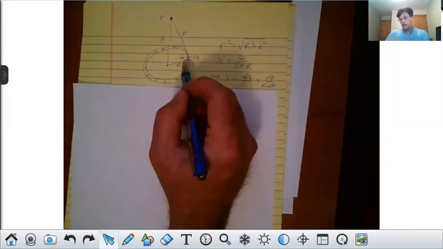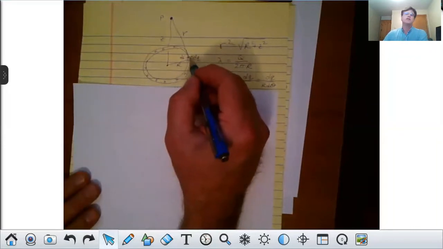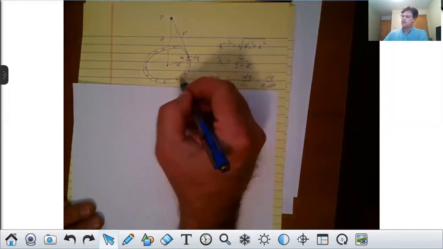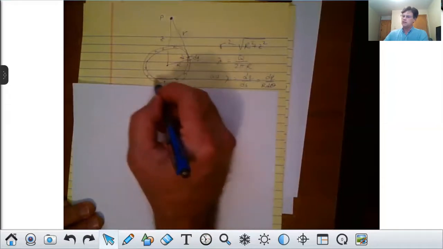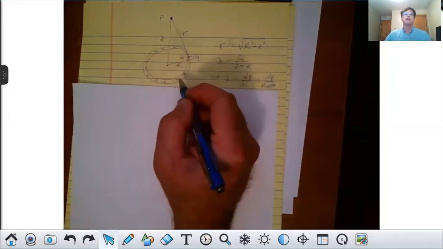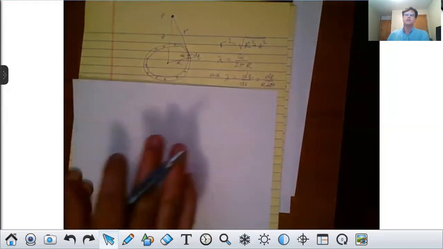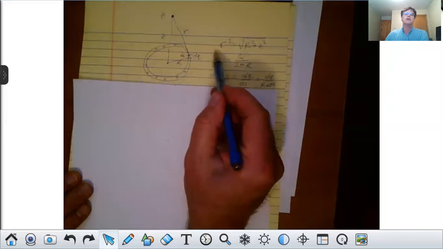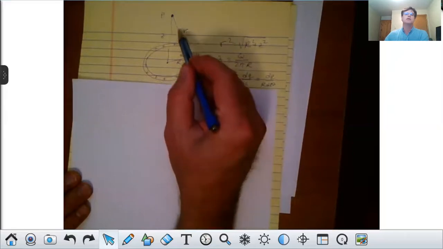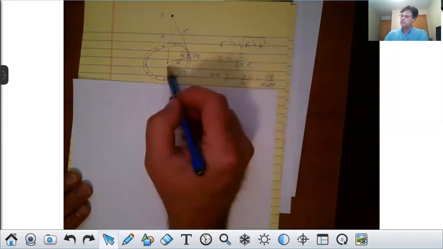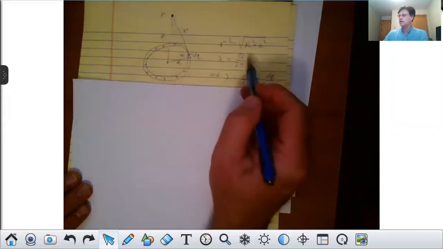So again, my plan is to write the expression for a point charge, dq, but I've got a whole bunch and I have to add up all of those point charge potentials at the point P here. So first of all, some geometry: the distance between the point charge dq and the point P is r. r is the square root of the radius squared plus z squared, Pythagoras' theorem.